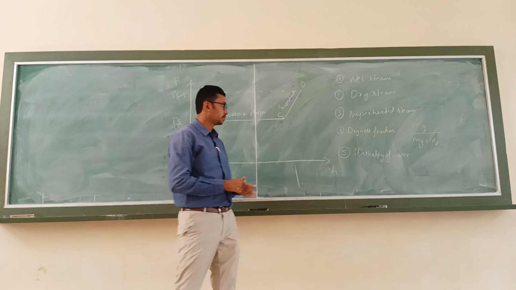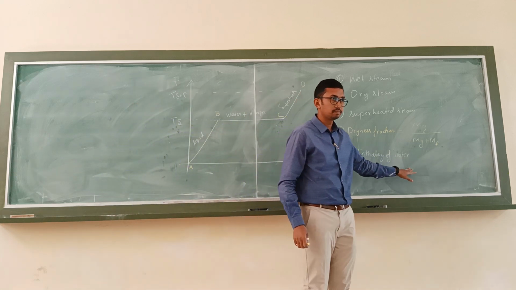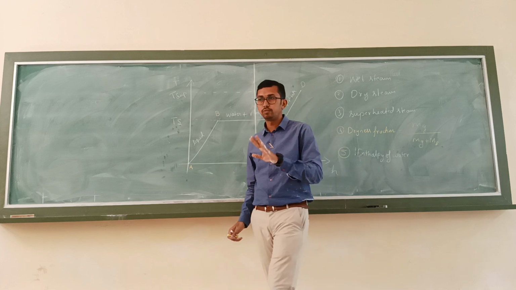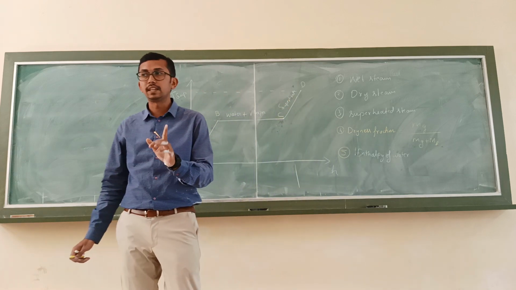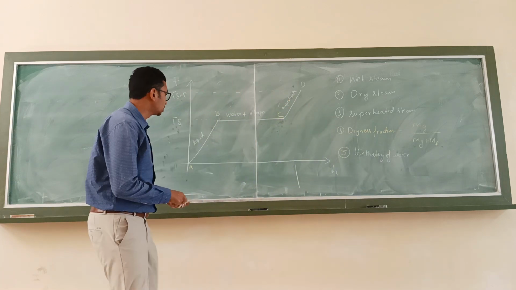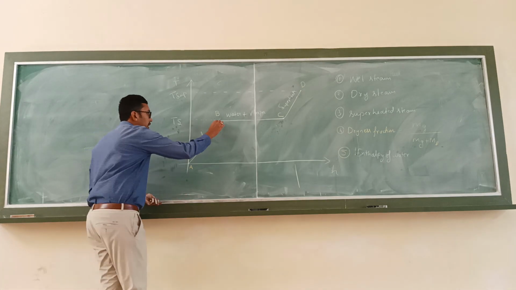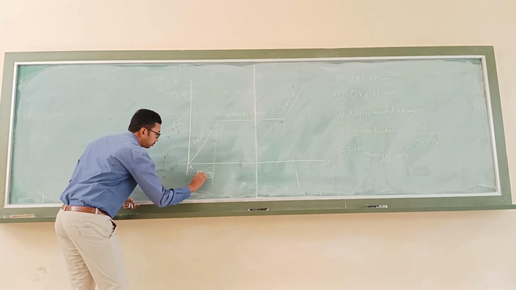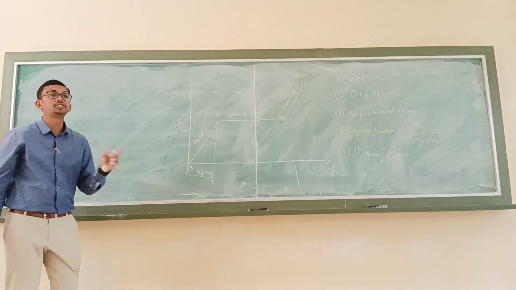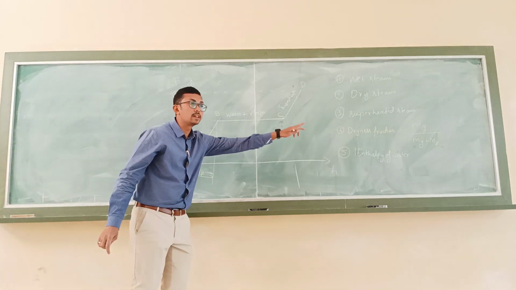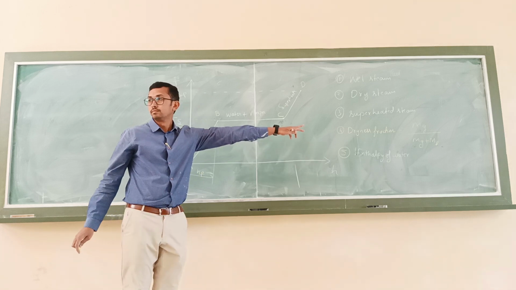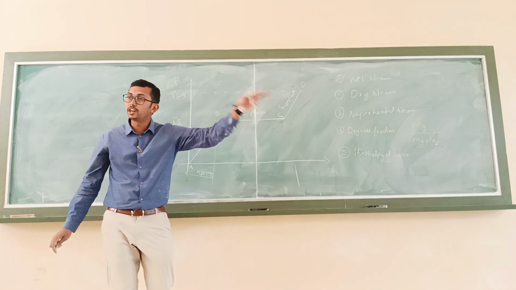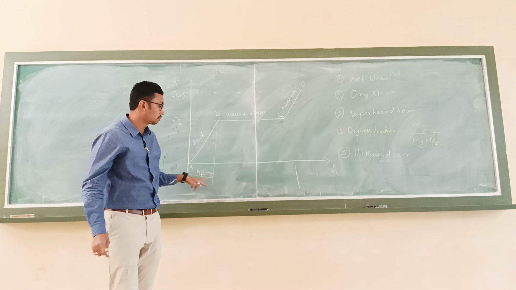What is sensible heat? That can be represented in the temperature enthalpy diagram. So this is the hf. hf: sensible heat or enthalpy of water, or latent heat of water, or sensible heat.